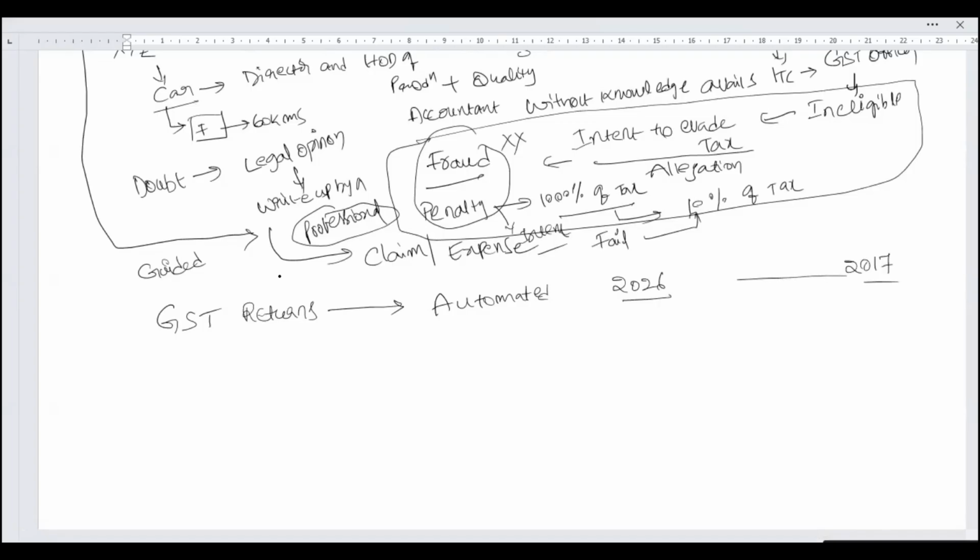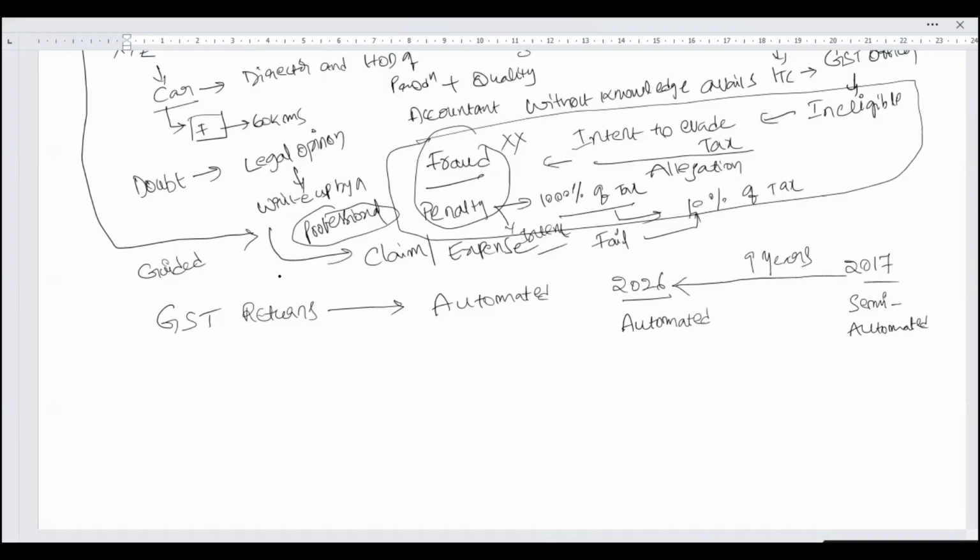The journey from 2017 till 2026 is almost 9 years. In 2017, when they started the GST law, this was semi-automated. As of 2026, this is more automated.